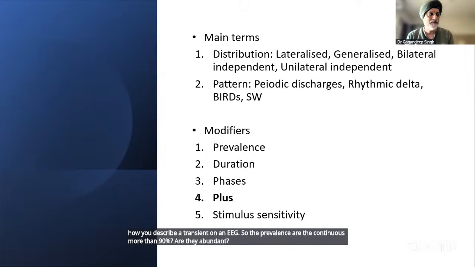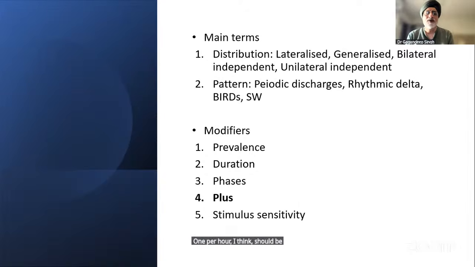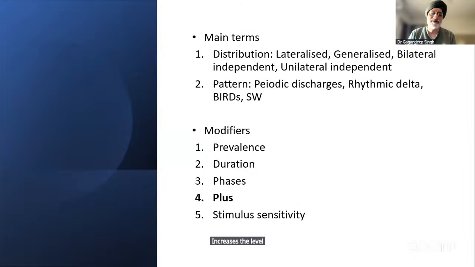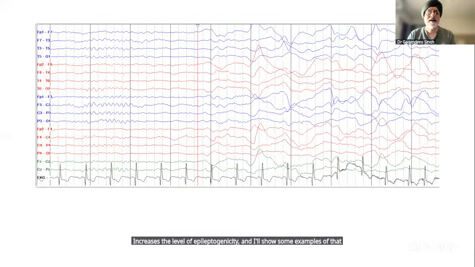Are they frequent, infrequent, rare? 1 per hour, I think, should be rare, right? How many phases are there? Is there any stimulus sensitivity? That's extremely important. So these are some of the modifiers. I'll come to this plus thing. If there is a plus to any of these patterns, that increases the level of epileptogenicity, and I'll show some examples of that, right? Next slide.